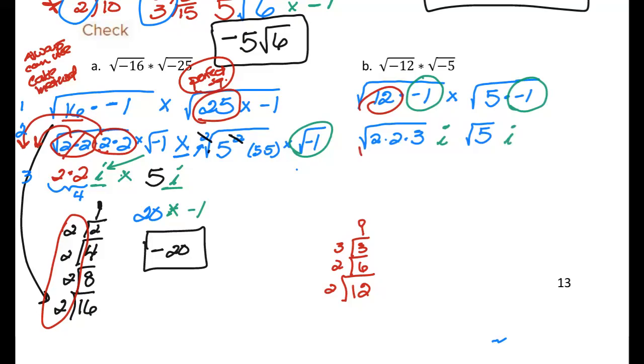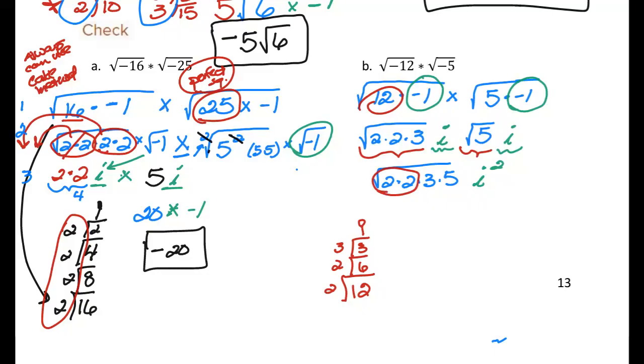So I'm going to group all my numbers together and say the square root of 2 times 2 times 3 times 5, because they're all under the radical, so we can do that. And then I have this i times i, which is i squared.